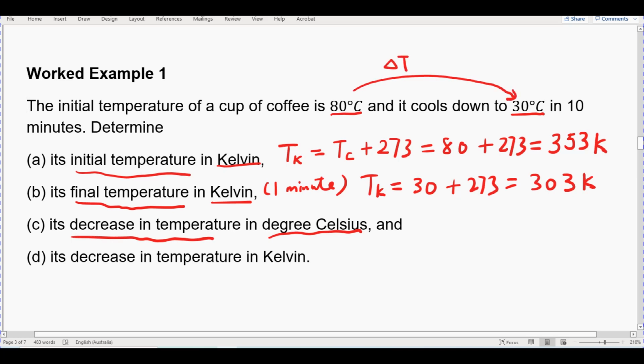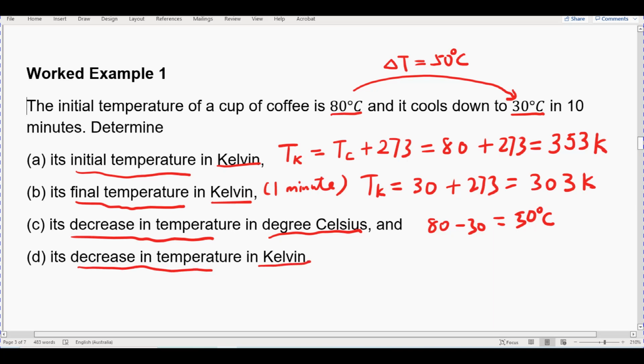Normally we use a change in temperature as delta T. So the delta T would just be 50 degrees as the decrease, right? You can use 80 minus 30, which is 50 degrees Celsius.